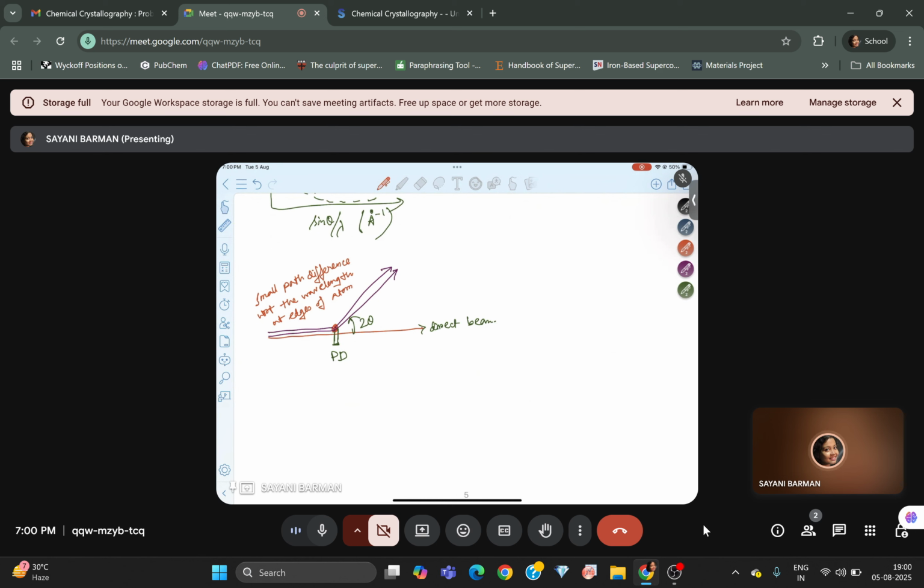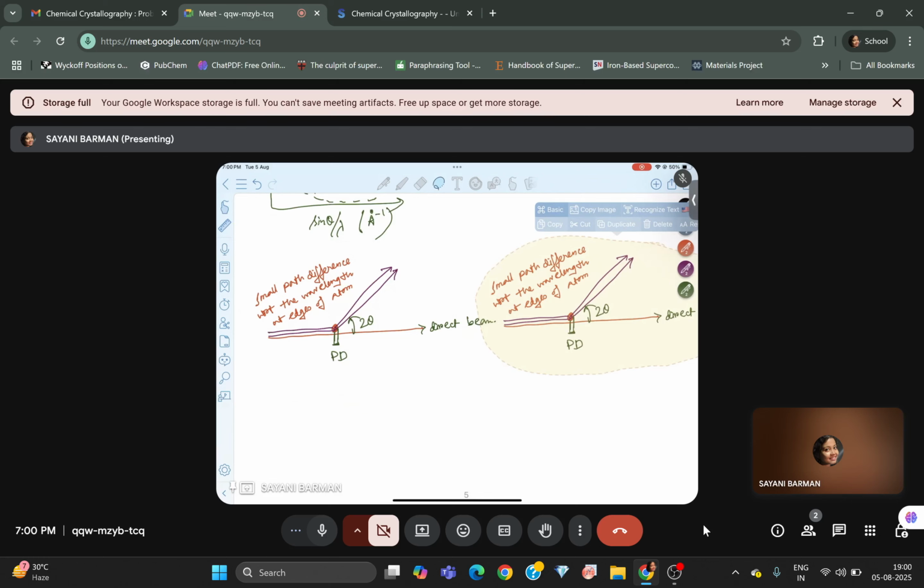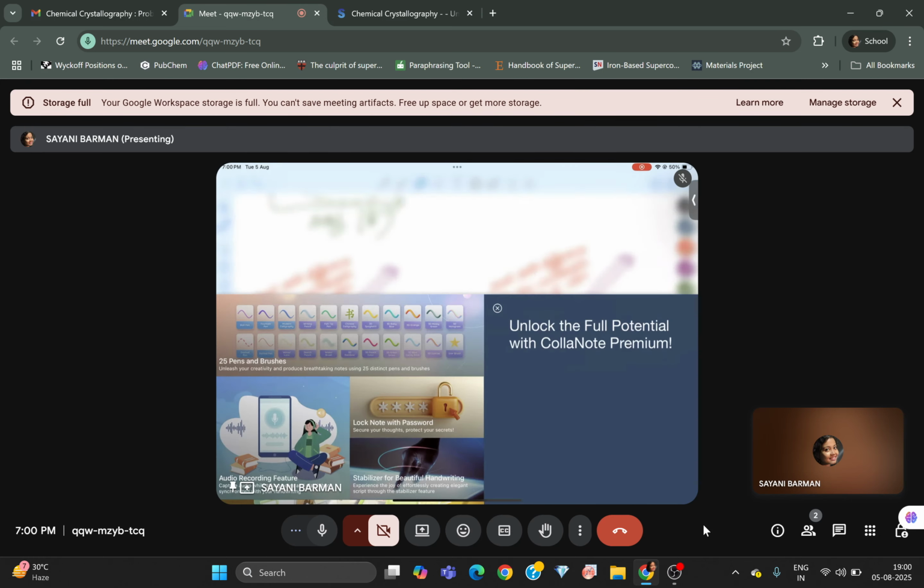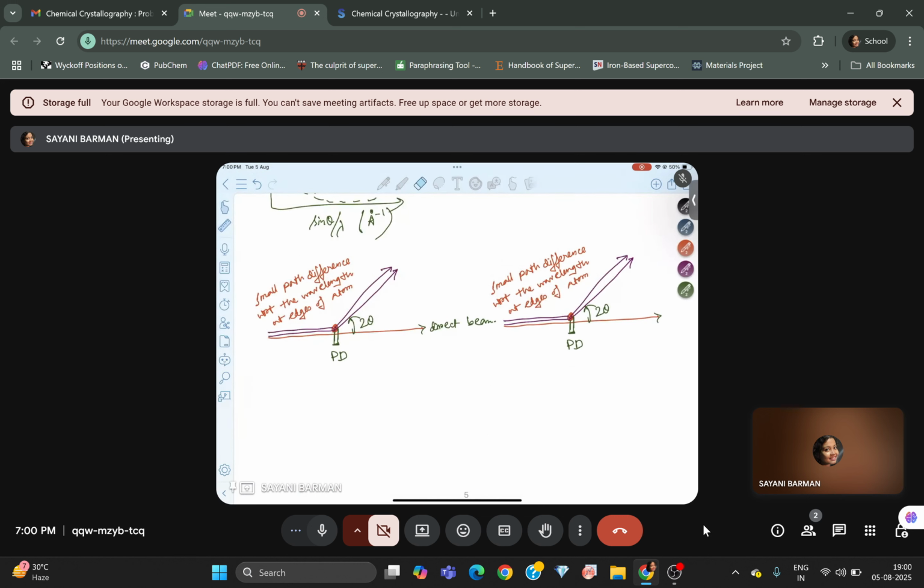Now, in the case of a larger atom, how does it behave? For a large atom, there should be a large path difference.